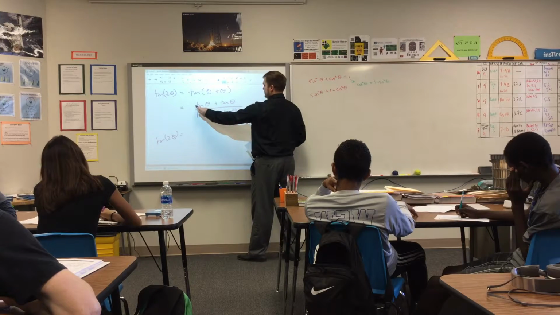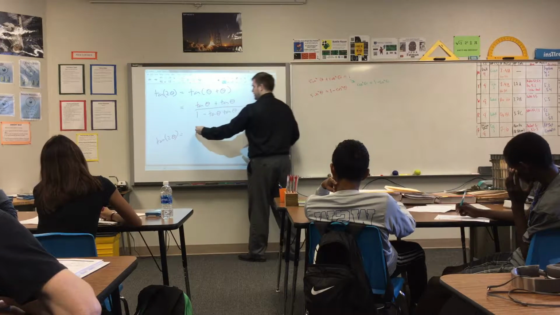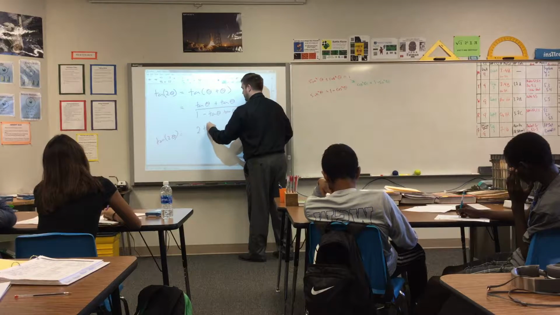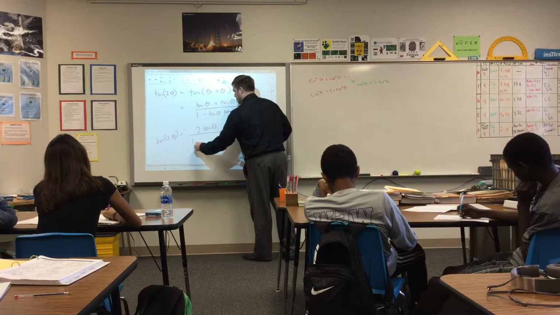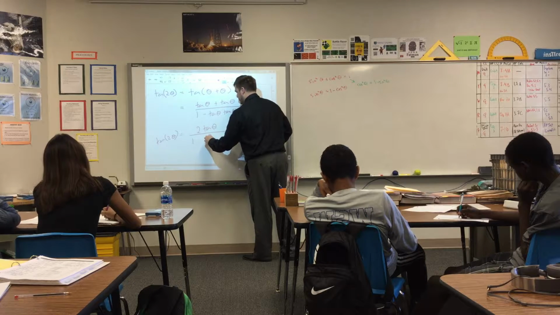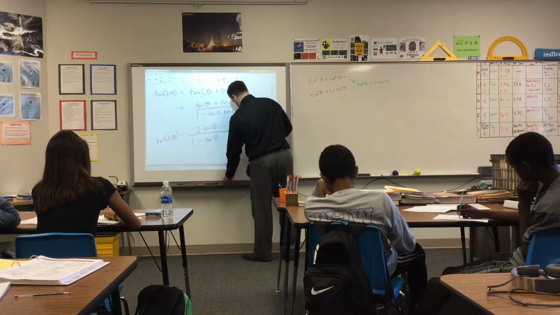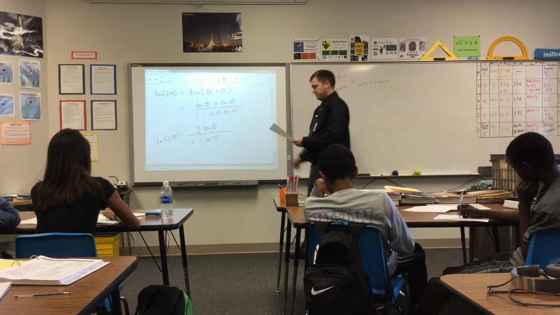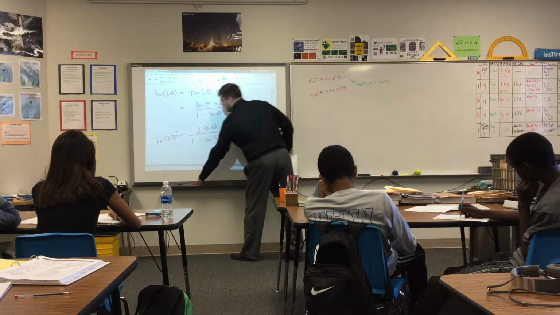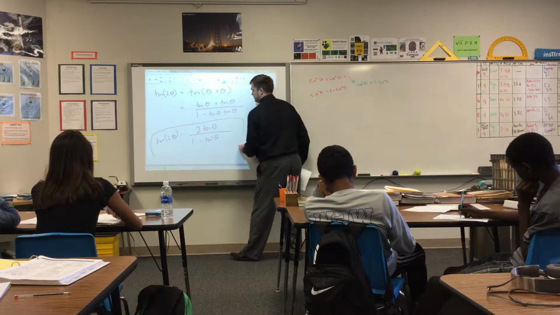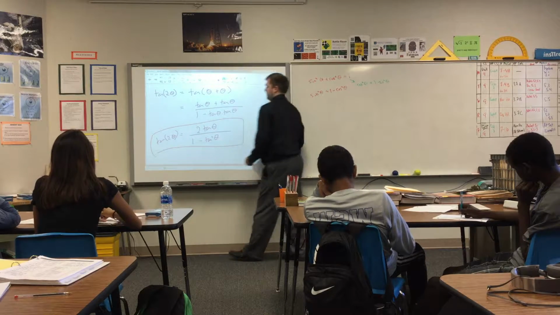Tangent of 2 theta is tangent theta plus tangent theta, that's 2 tangent theta, divided by 1 minus tangent squared theta. Put a box right on that.